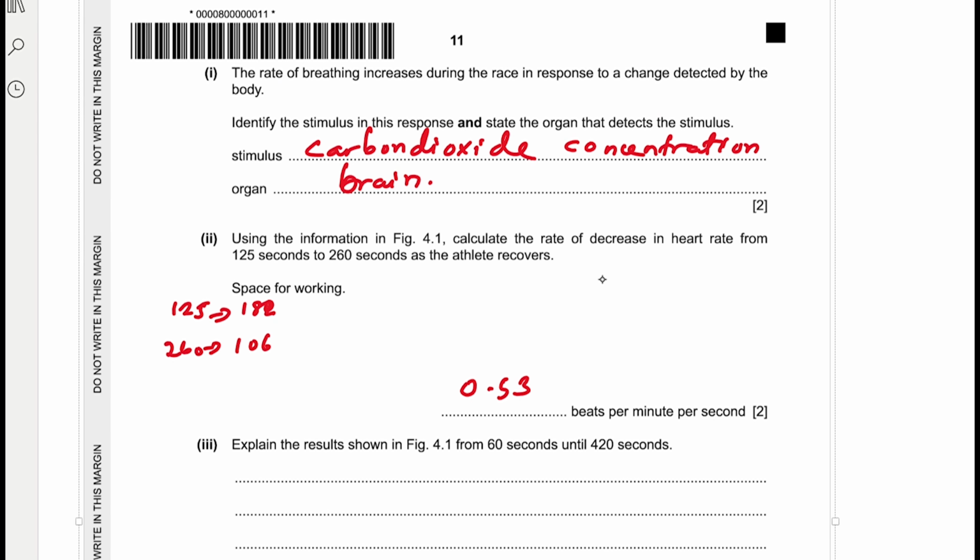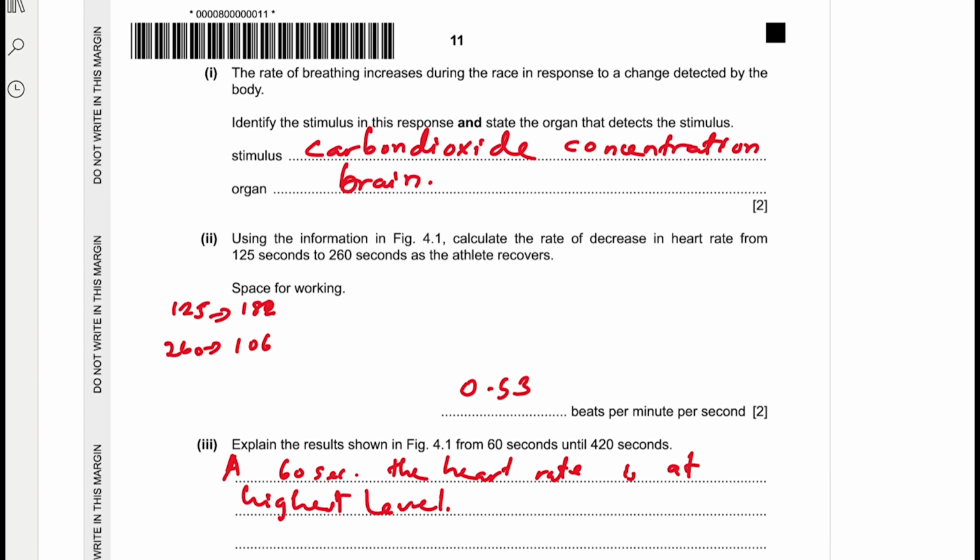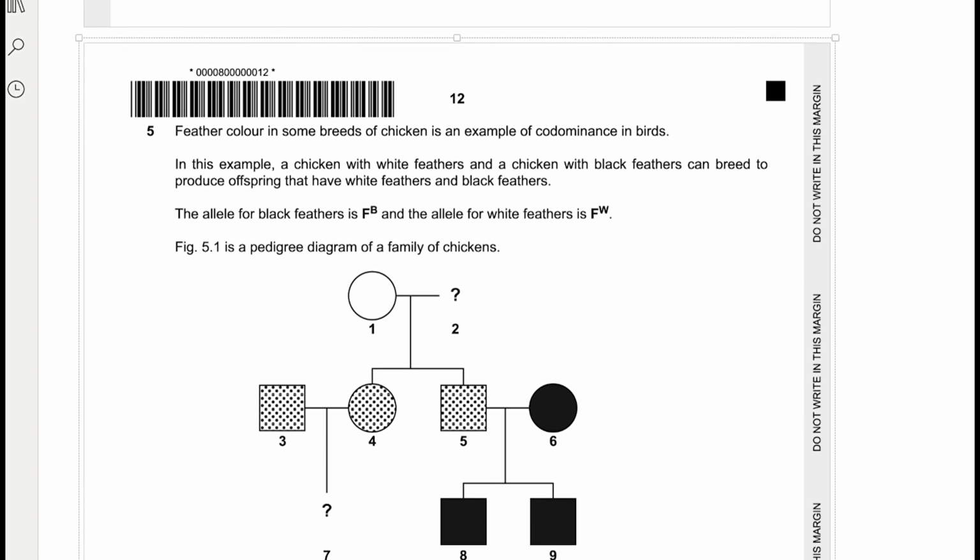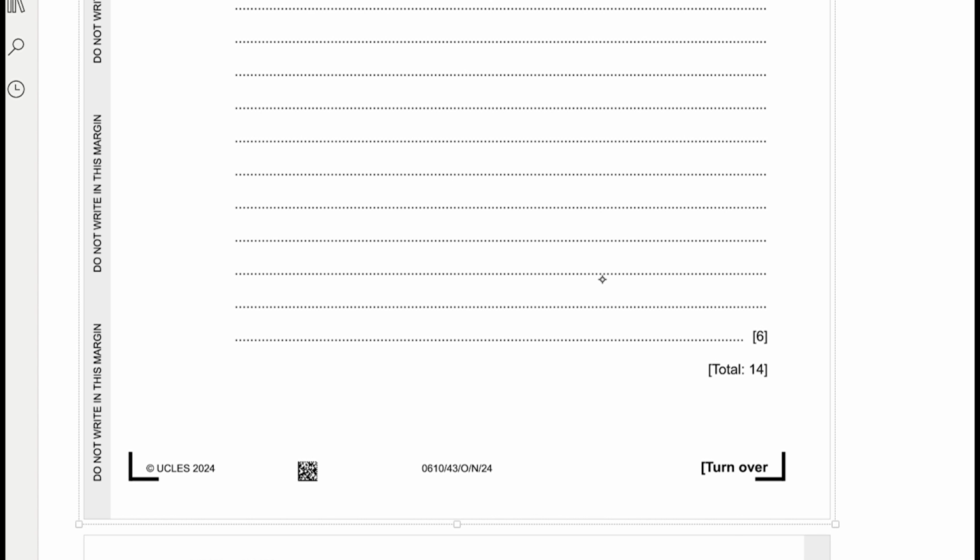We'll write it. At 60 seconds, the heart rate is at its highest level. At 420 seconds, the heart rate is at normal level.